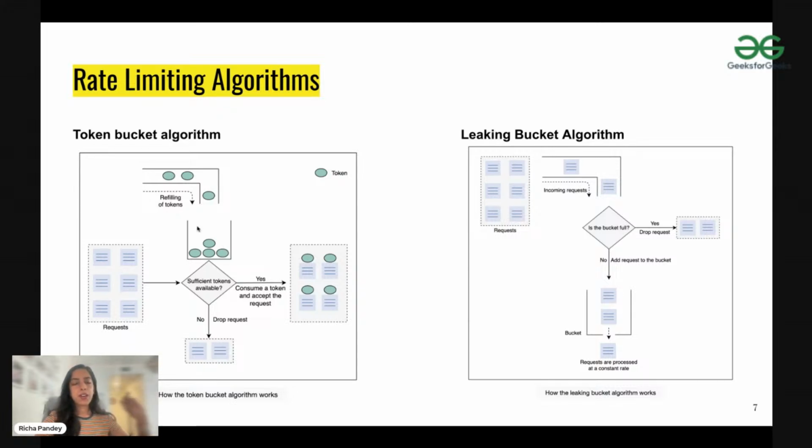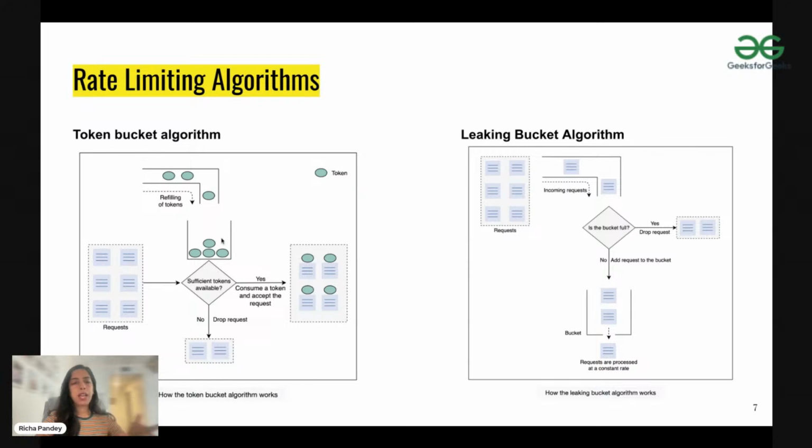So if we want to handle just four requests every minute, at the start of every minute we will have four tokens, and every request that comes in takes one token and processes that request. Once the fourth request is completed, we will not have any token available here.